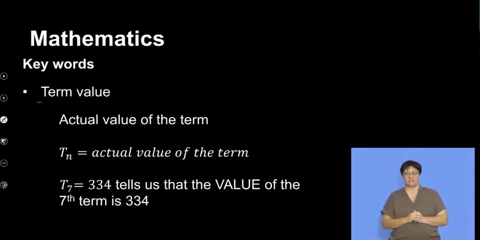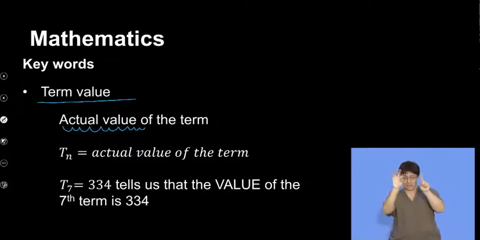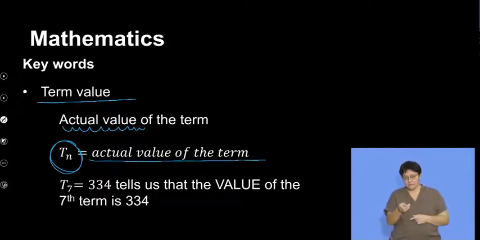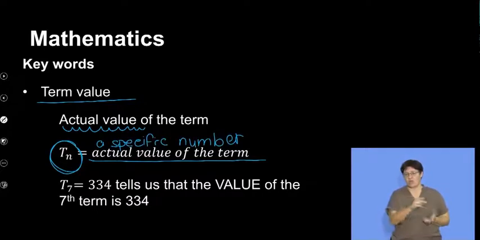The next definition is term value. This is the actual value of the term. So we can substitute in a number that is the actual value of the term. So you'll have Tn is a specific number. Let's have a look at the line below.